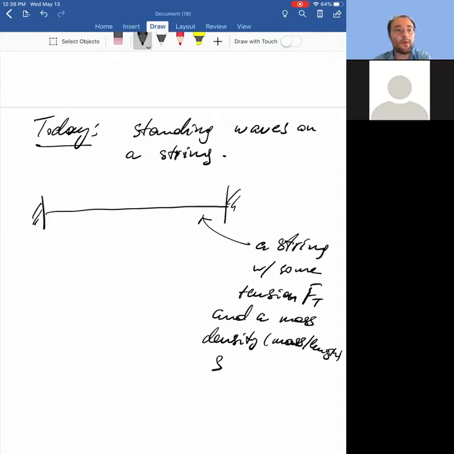And the question is, describe the standing wave modes, their frequencies, their shapes. So this is rho.